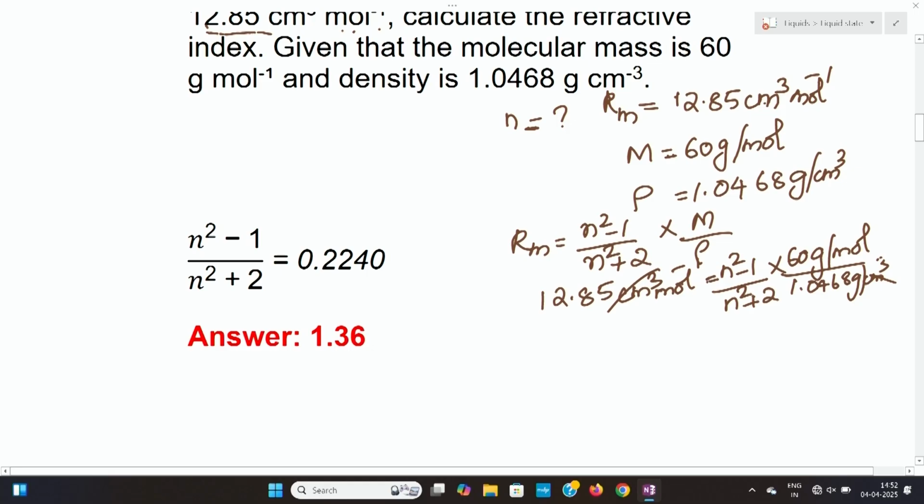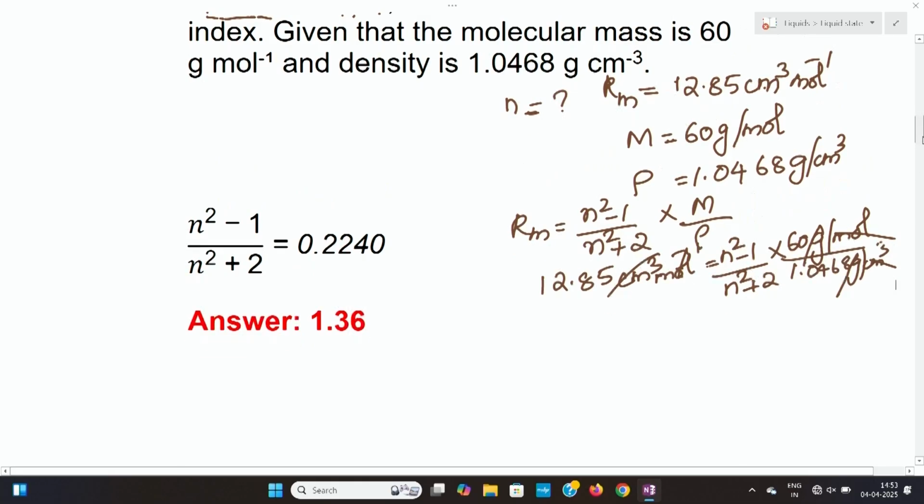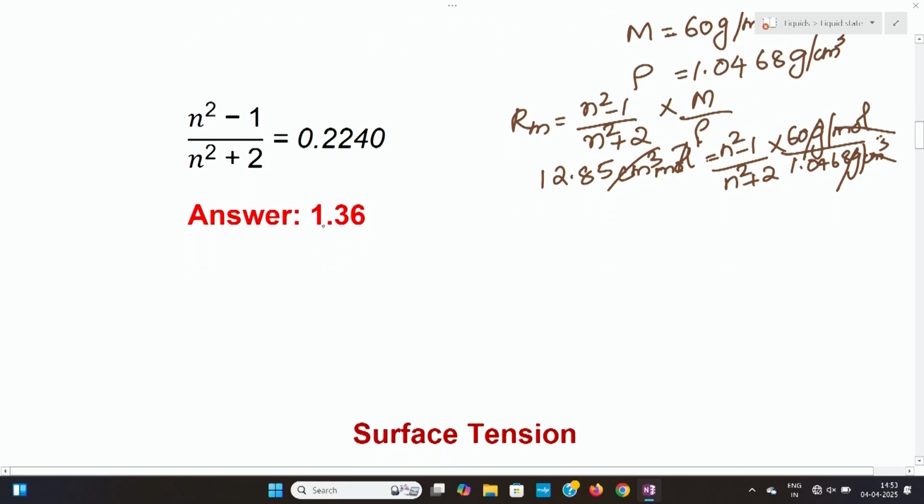Then we have mole inverse, this gram will get cancelled and this gram will get cancelled. Then finally we have n square minus 1 divided by n square plus 2 is equal to 0.2240.